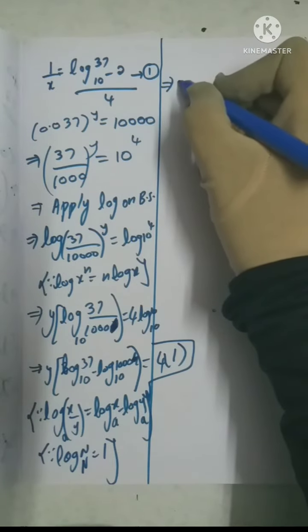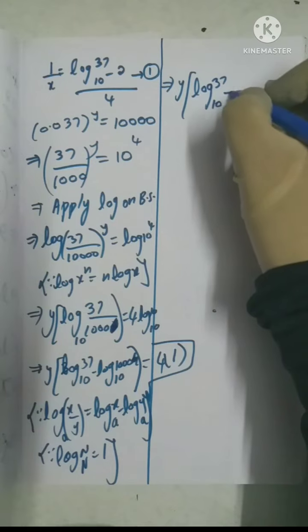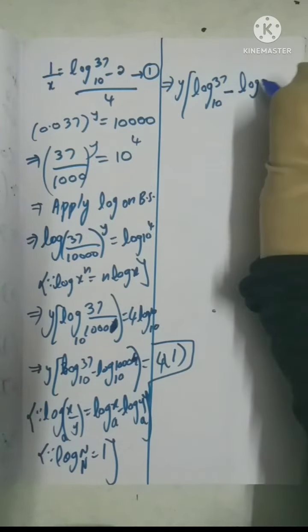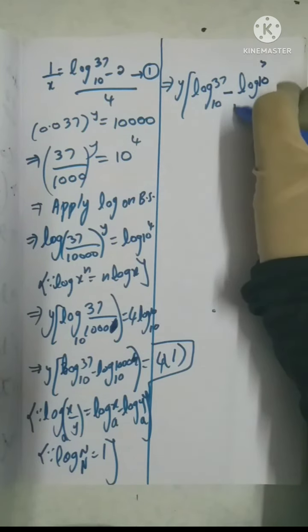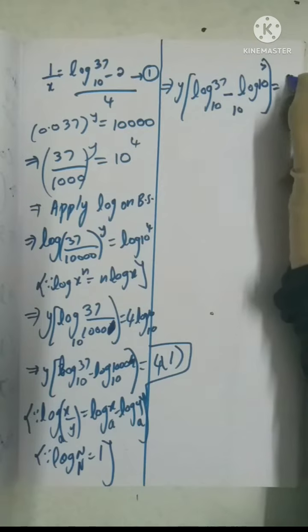So we have y into log 37 to the base 10 minus log 1000 to the base 10, and 1000 can be written as 10 cube. So log 10 cube to the base 10 is equal to 4 ones are 4.